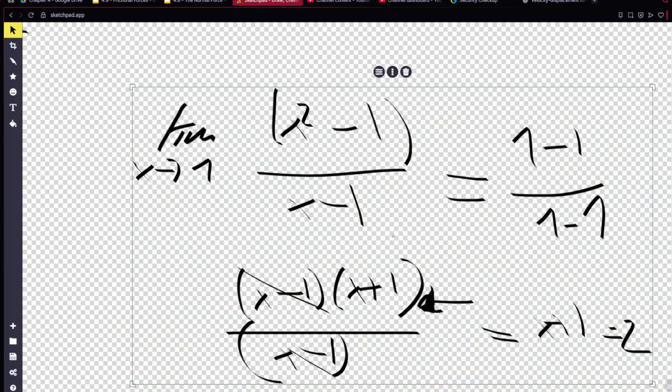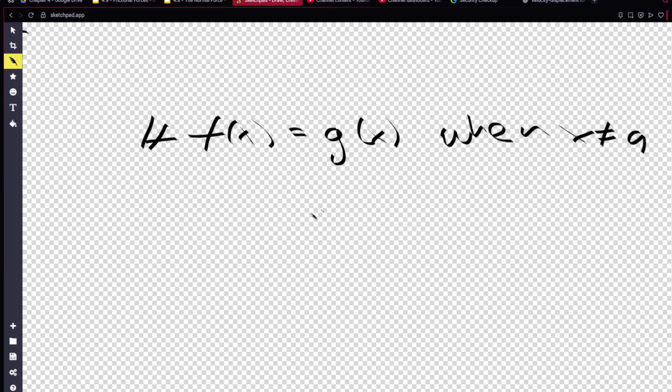So next example. If f of x equals g of x when x isn't equal to a, then the limits are the same, basically. And I hate writing this.